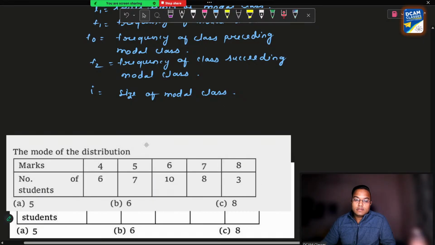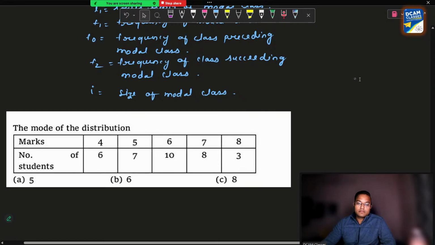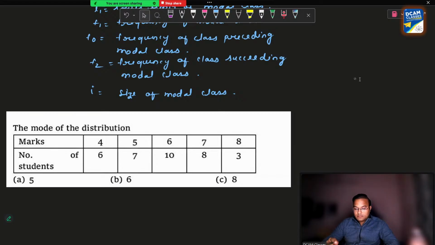No calculations. Easy, na? Mode is the easiest.